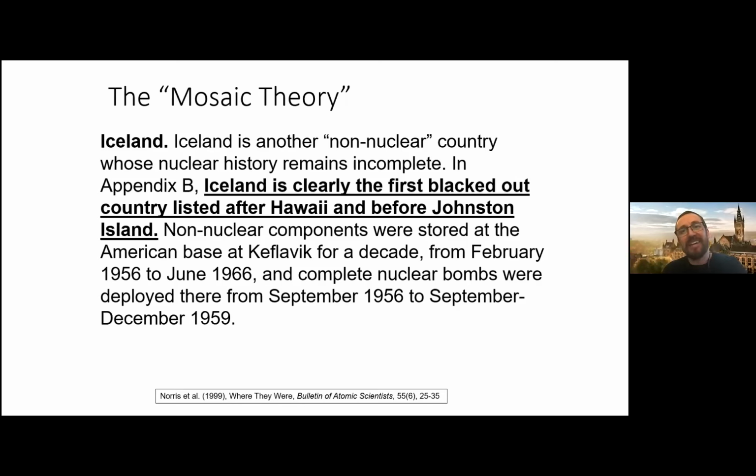Doug might want to tell us a wee bit more about the details of the story in the chat, but my understanding is that it turned out that it wasn't actually Iceland that was storing the nuclear weapons, but the risk of people thinking that it was Iceland was enough to make the Americans say who it actually was that was blacked out.